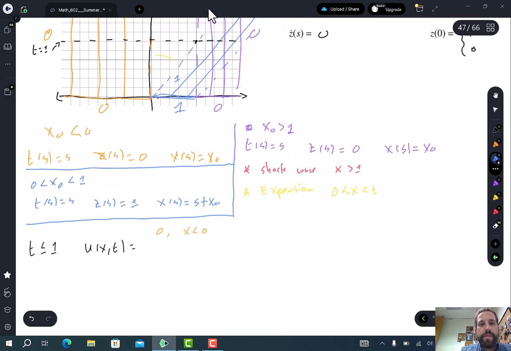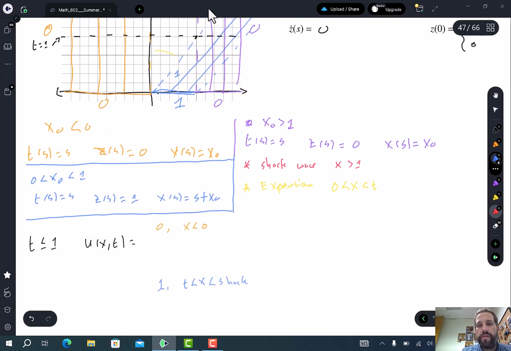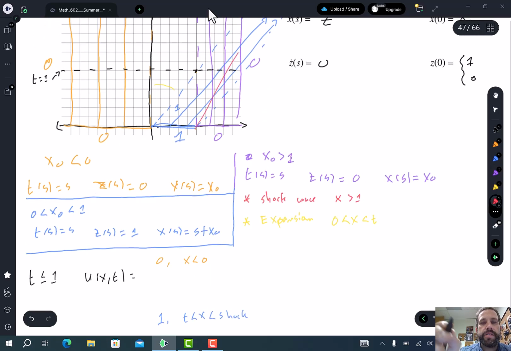So I'm going to skip the expansion part. For the blue part, it's going to be equal to 1 when x is greater than t and when x is less than the shock wave, which I need to figure out. The shock wave is going to go something like this, and I need to figure out what it is, but I'll leave it as shock wave in my piecewise solution now, and we'll figure out what it is later.